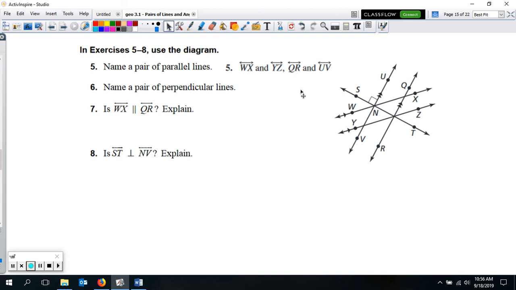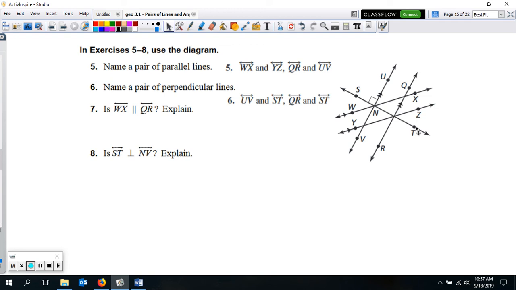So one of those ways of calling that. So we have VU, this one here, VU and ST. It also says that QR and ST are also perpendicular. So QR and ST, this one's also perpendicular.